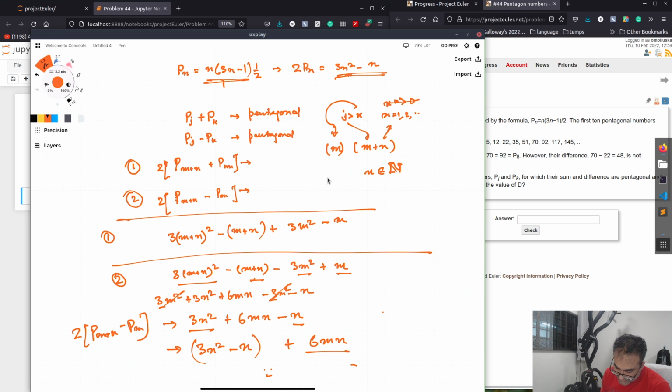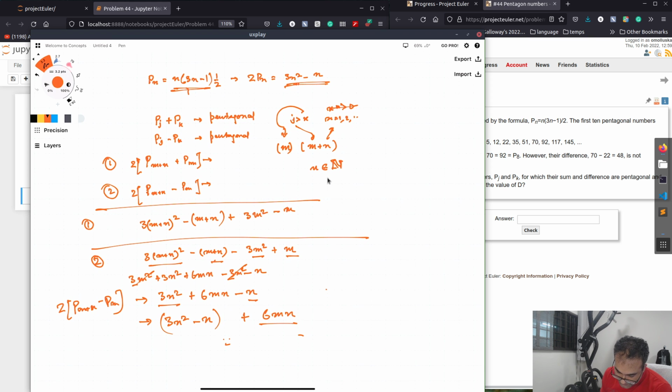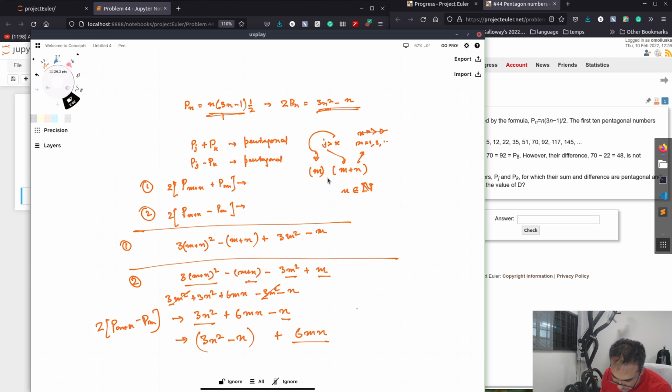So if we can find a value for m, so for all integers, so this is important, for all n greater than 0, right, this is going to be a pentagonal number.